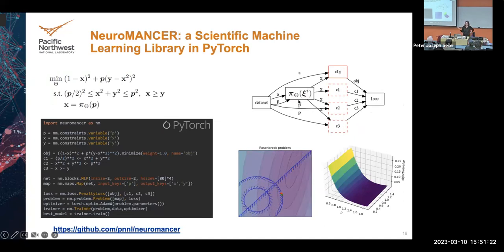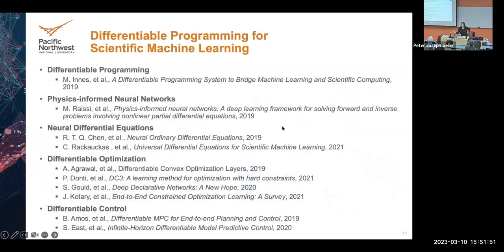So this toolbox allows us to formulate problems at a high level, which is what we typically like to do, and solve them with deep learning techniques underneath. So underneath you have all PyTorch machinery. And of course, we're learning approximate representations of the control policy that minimizes this cost and satisfies these constraints. Okay, so those are the tools.